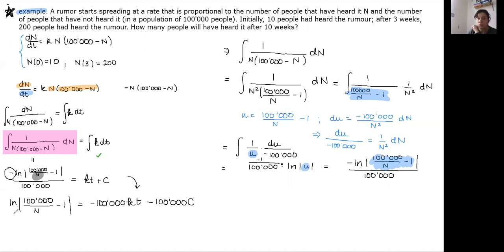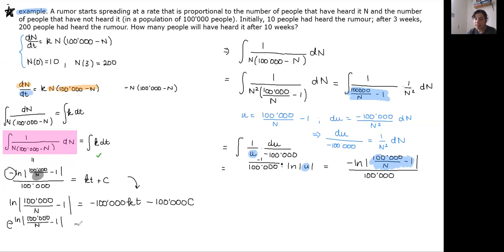Okay, so at this point, I'm going to take the exponential on both sides. If I take the exponential on both sides, on the left-hand side, I get e to the ln of 100,000 over n minus 1.